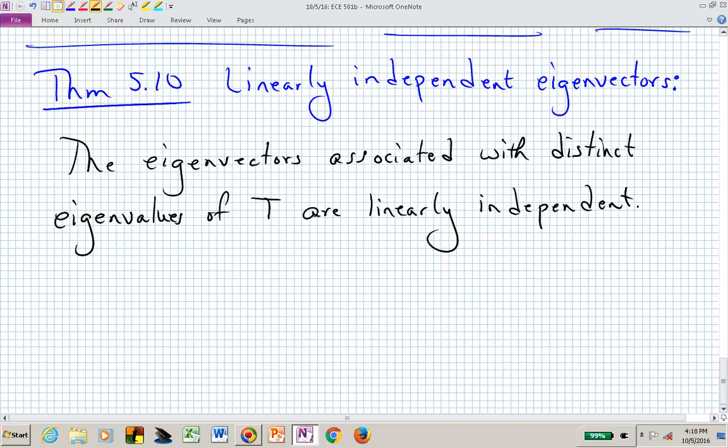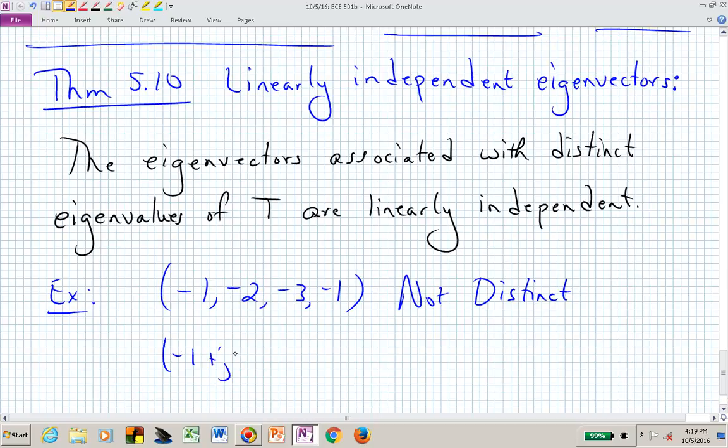Is it clear what I'm meaning by distinct? I tried to talk about that before, but if I gave you a set, let's say -1, -2, -3, -1, are those distinct eigenvalues? No. What about -1 plus j, -1 minus j, and -2?